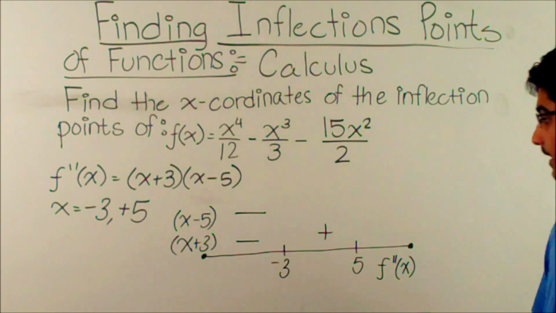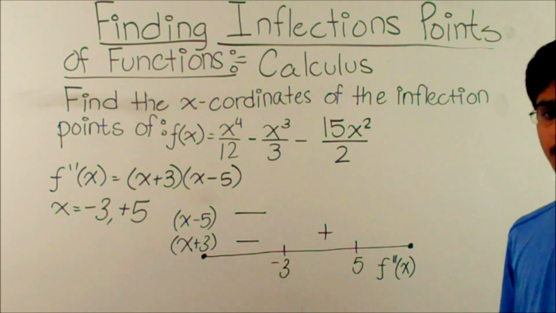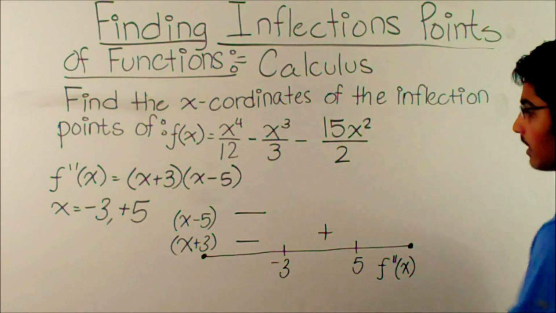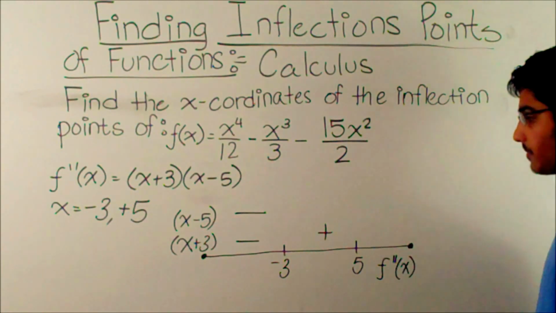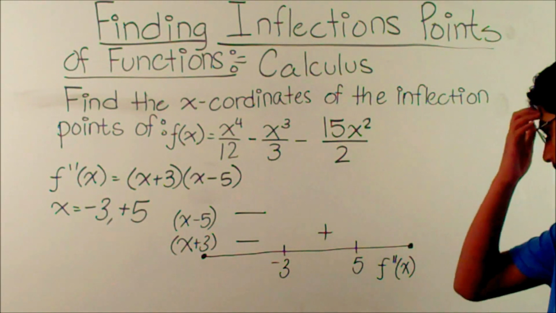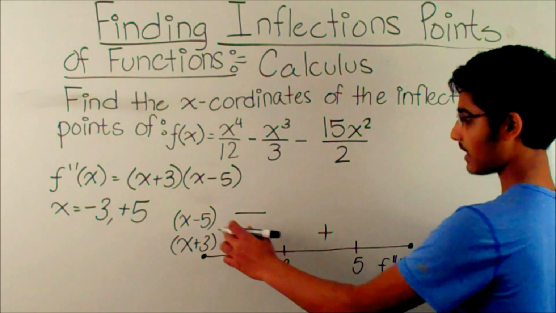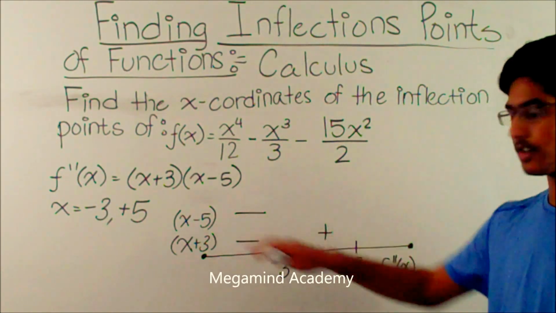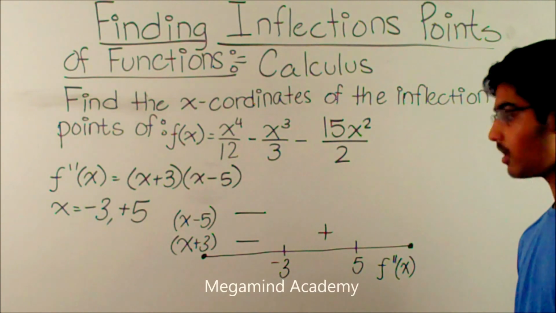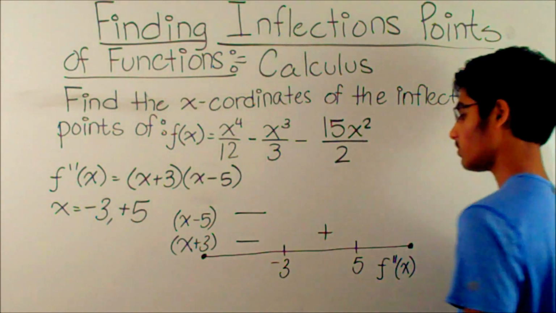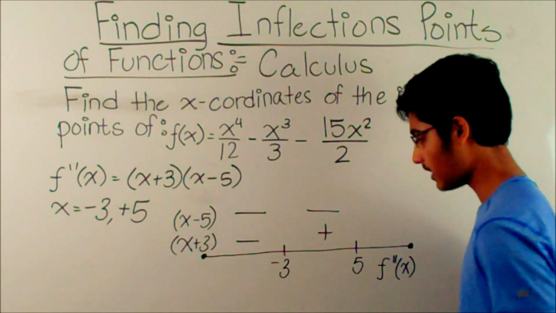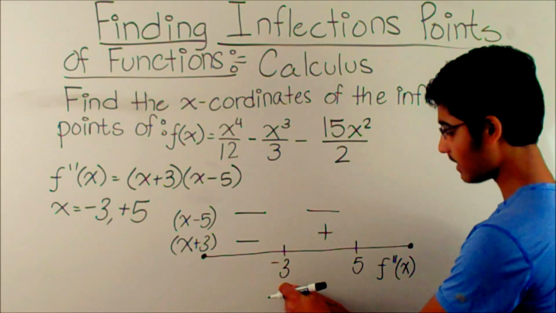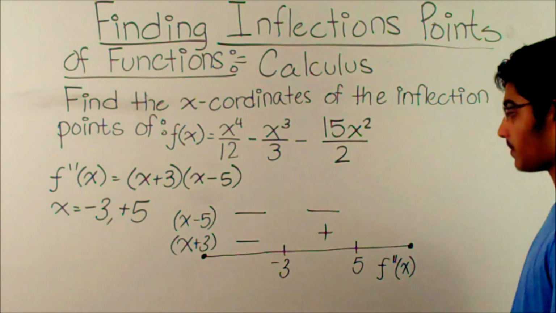2.9. Negative 2.9 plus 3 would be 0.1. Now let's look at this other factor here, x minus 5. So if we pick a value, let's say again 0, and we do 0 minus 5, then we're still left with a negative number. So this would be negative up here. And we'll notice once again that this is true on any value on this open interval.